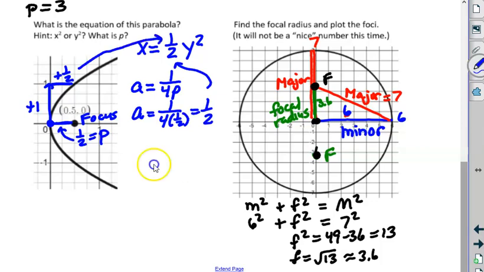Now, when is it easier to find it using the stretch? It's easier to find the stretch when we have bigger values of a. When we have small values of a, like 1/12 or something like that, it's easier to use the focus and the width here. Notice the width here is 4 times p.